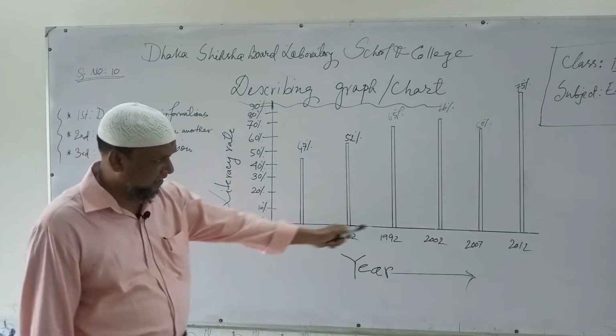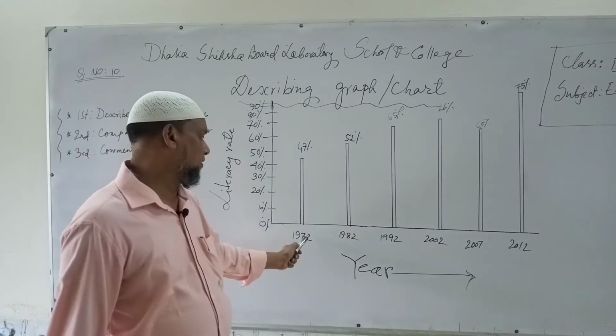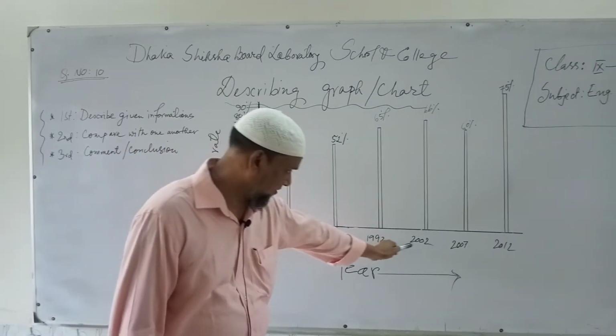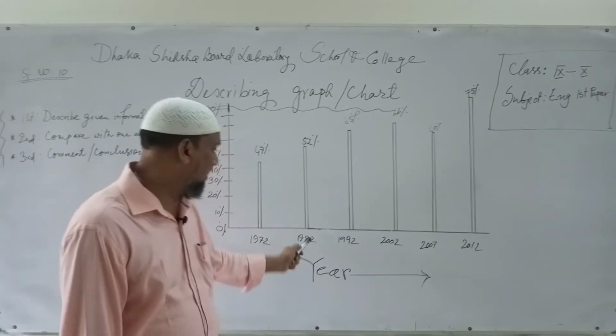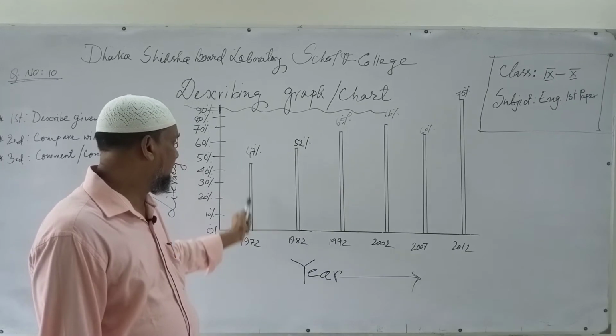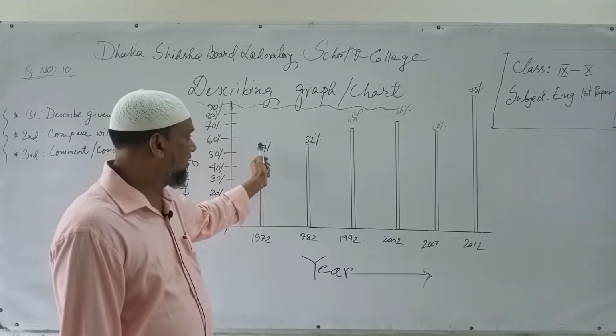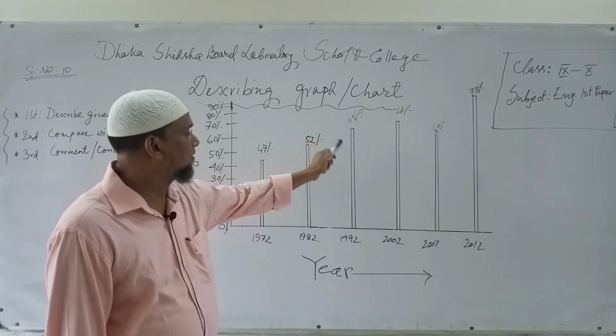And in the horizontal line, there are 6 years mentioned, and each year there is the literacy rate shown on the board.